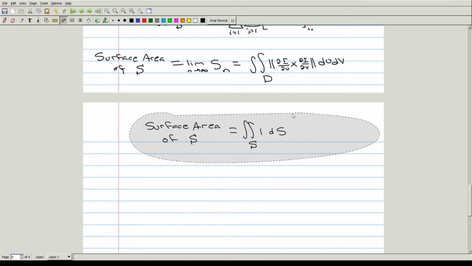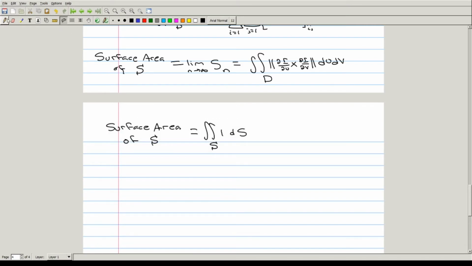We evaluate the surface integral by using the parameterization and transferring this to a double integral over D, where dS, that is sometimes called the surface area element, is the magnitude of the cross product of dr du, which is the tangent vector to the surface in the u direction, with dr dv, the tangent vector to the surface in the v direction.